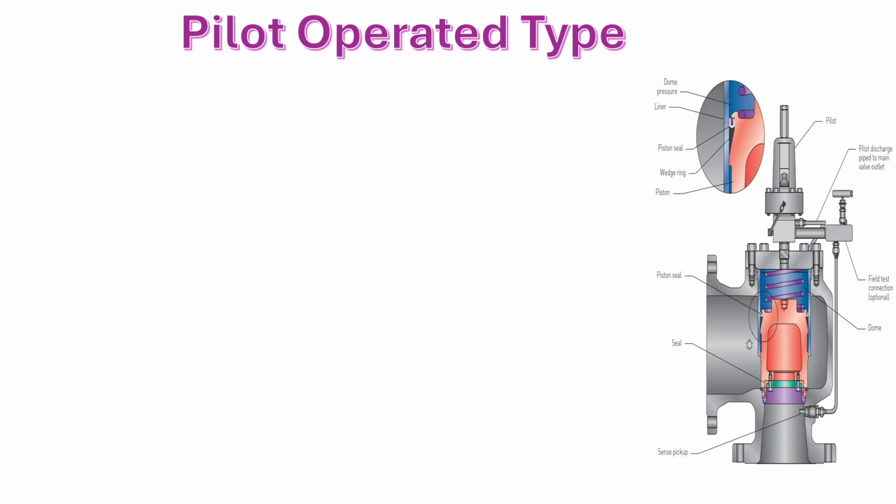And the third type we use is the pilot operated type. Okay, the pilot operated type safety valve looks like this. It has the pilot discharge pipe which is connected to the main outlet or the main connection.